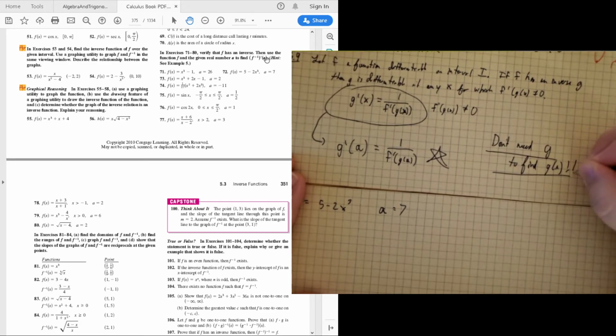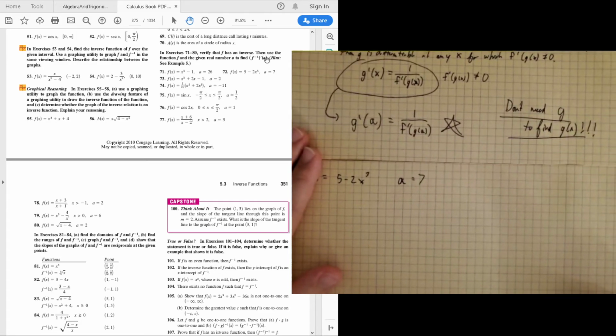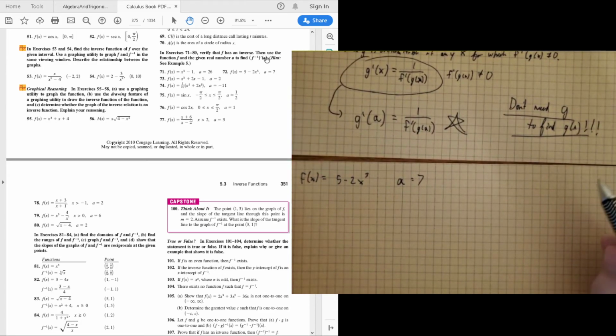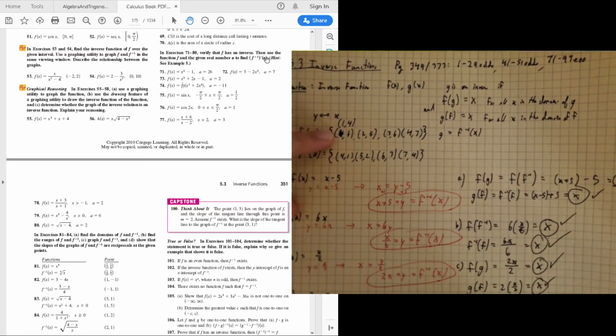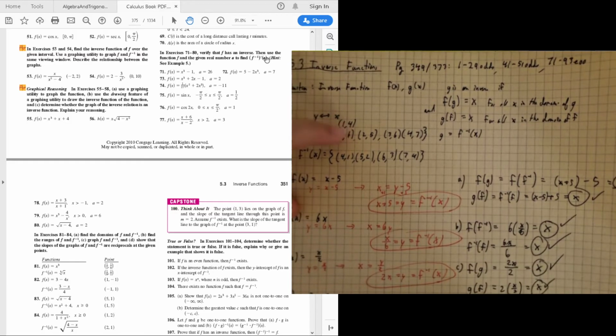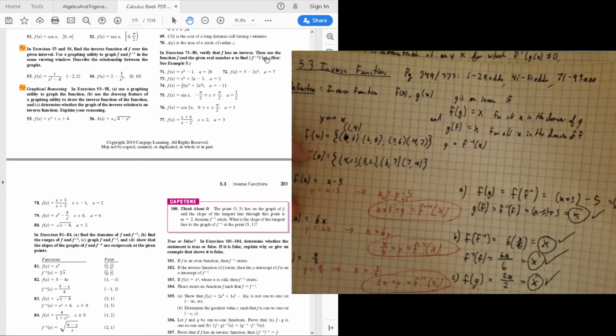Like this right here is an unsung hero. You do not need g to find g of a. Because remember, they're inverse functions. According to the very first theorem we talked about in this section, there is always a relationship between these two, which allows us to have this opposite relationship, where if I know I have 1, 4, I have to have 4, 1 in the inverse.